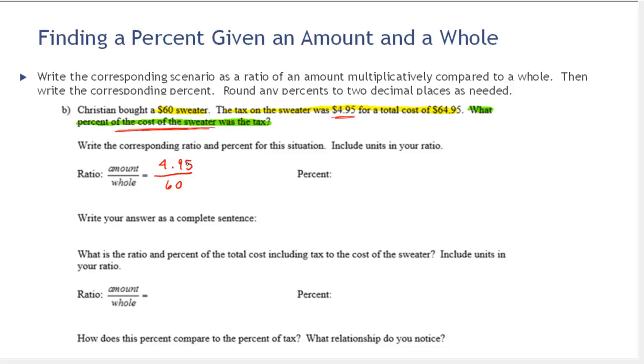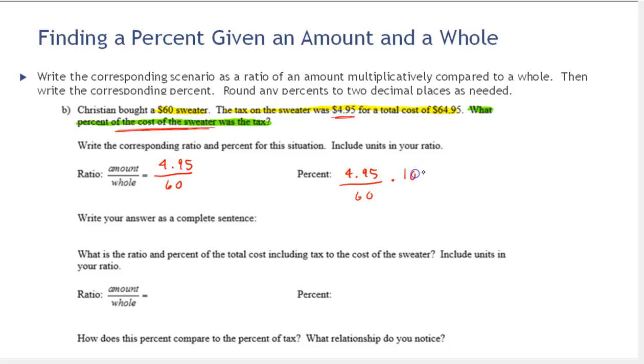Okay. Now, don't worry, we have decimals and fractions, but we're actually going to leave it in this form because we're going to rewrite it as a percent. We're not going to simplify this or write it as a fraction without decimals. This is just to prepare us to write it as a percent. So the percent will be 4.95 over 60.